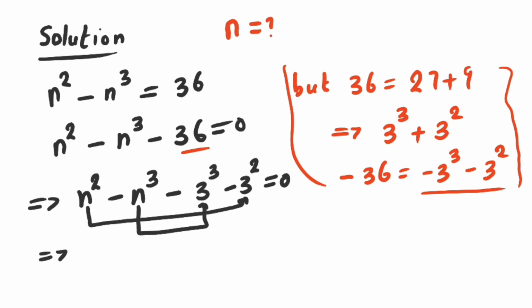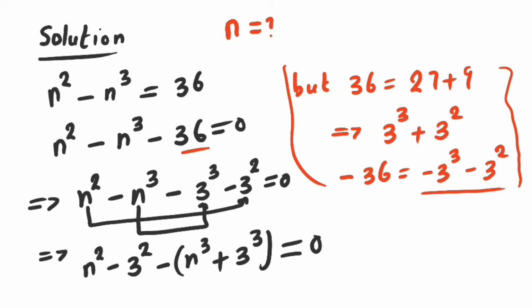We have n squared minus 3 squared minus this n raised to power 3. This will be plus 3 raised to power 3 is equal to 0.